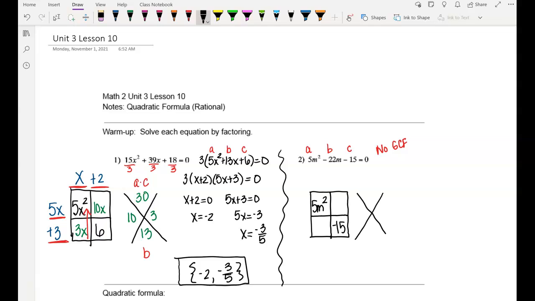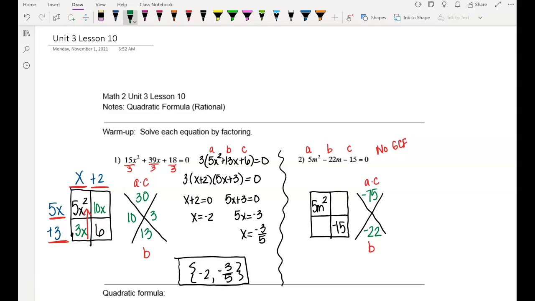Set up my x. The top of my x is A times C. The bottom of my x is B. 5 times negative 15 would be negative 75. B is negative 22. To get a negative product and a negative sum, one of my factors has to be negative.